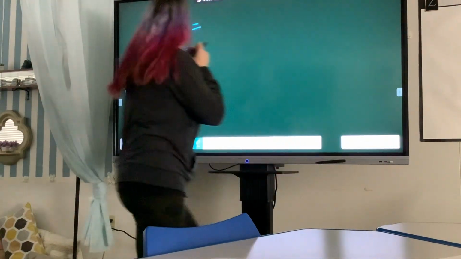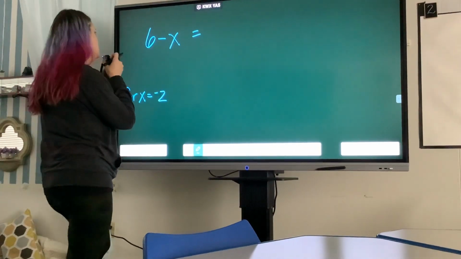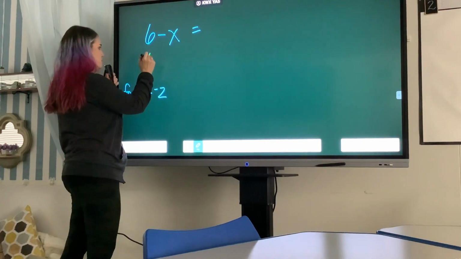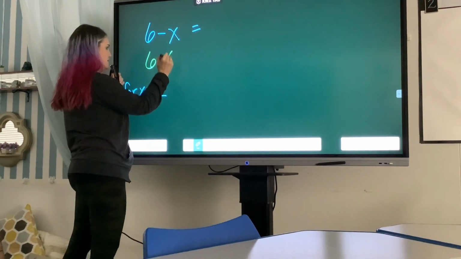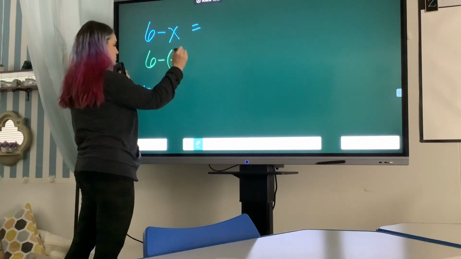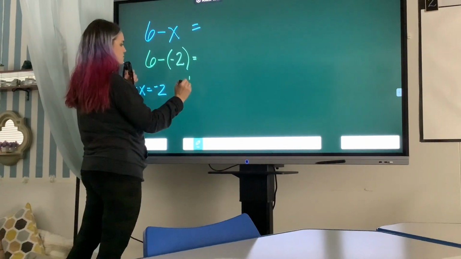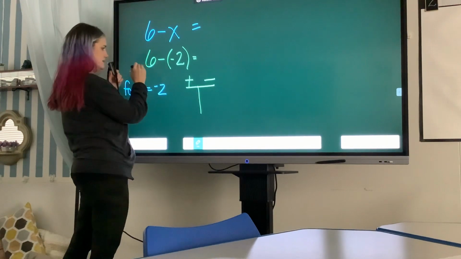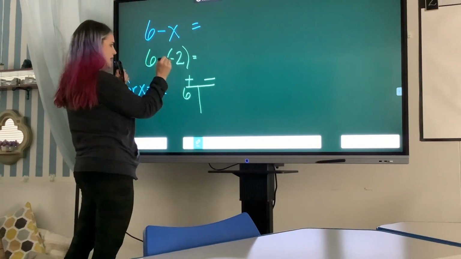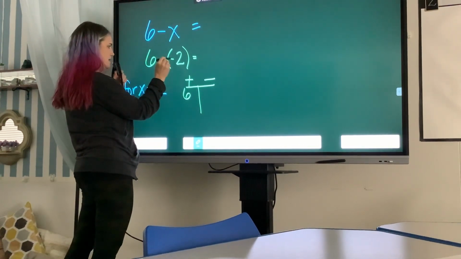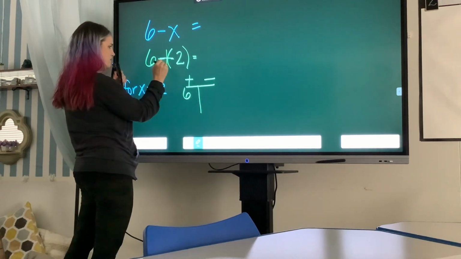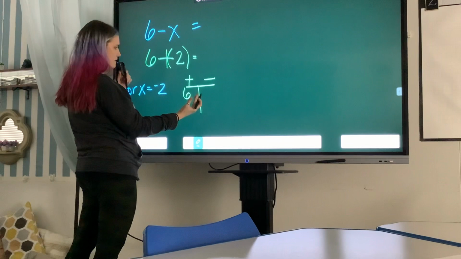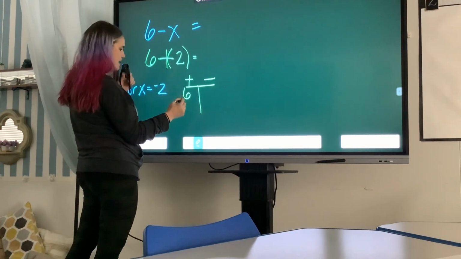One more example, a simple one, 6 minus x, but x is a negative 2. So you're going to say 6 minus a negative 2. This is where the trusty old scoreboard will come in and be helpful. We know that 6 is positive, and minus a negative 2, we're going to put those signs together and make them positive, or that's a situation where somebody on the negative team scored something in the positive basket.